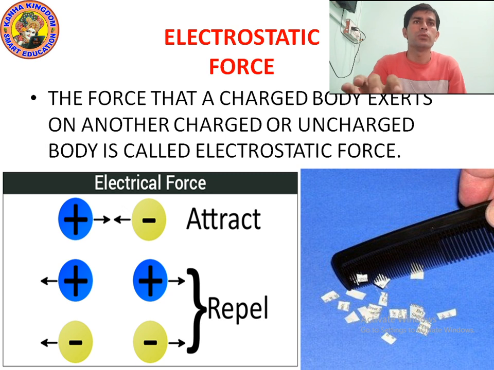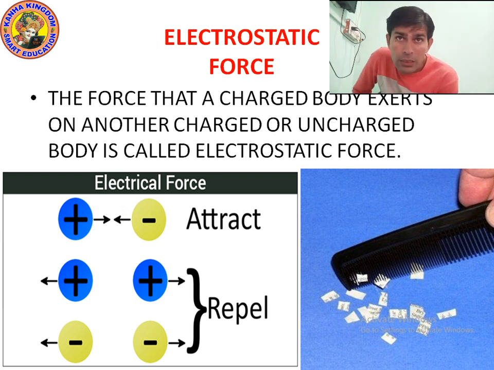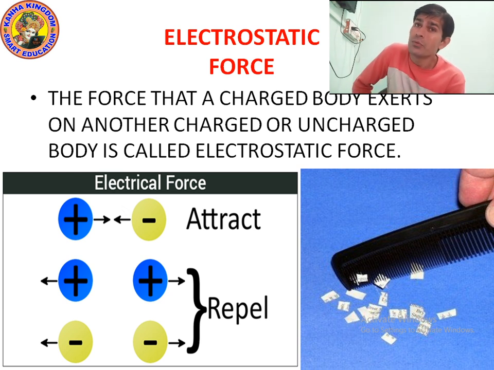I hope you understood. Kids, in the previous class we studied about gravitational force and magnetic force. So what is gravitational force? Gravitational force is a force that attracts all objects or masses to each other.